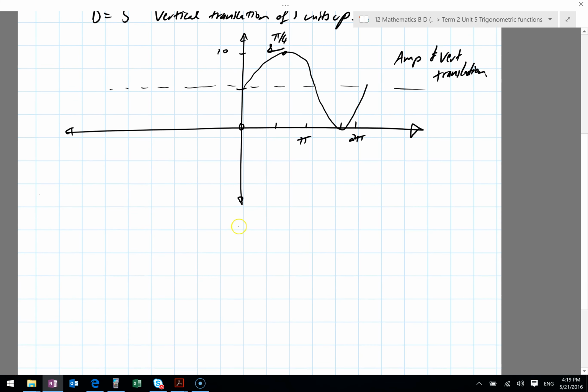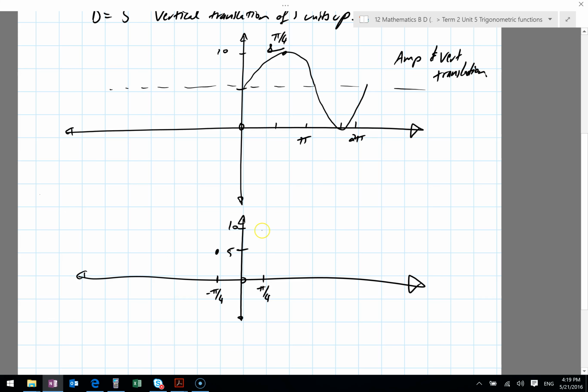What our graph's going to look like is there's going to be a point starting at minus pi on 4, which would be the maximum point. Correction, at minus pi on 4, here's 5, here's 10, here's 0. Minus pi on 4 will be that starting point. At pi on 4 will be the maximum. And then we'll have to shift all of these points pi on 4 as we go.